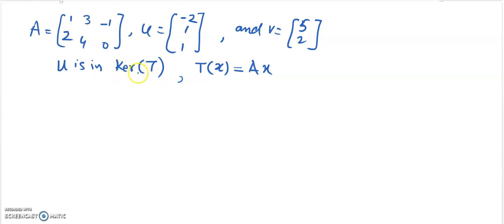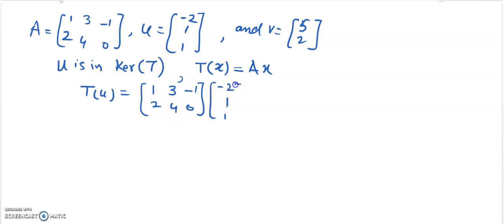So what we need to find over here is Tu from this transformation. So it means that we need to replace x with u, and then we need to find 1 3 minus 1, 2 4 0 multiplied by minus 2, 1, 1.